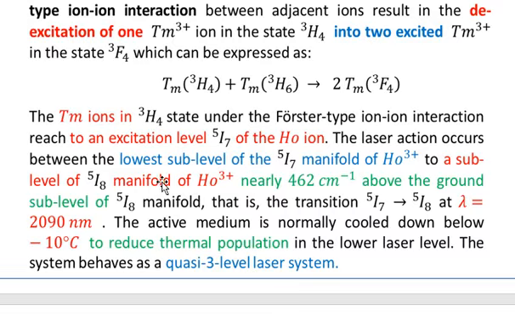The laser action occurs between the lowest sublevel of the 5I7 manifold of the holmium ion and a sublevel of the 5I8 manifold of the holmium ion, which is at 462 centimeter inverse above the ground sublevel of the 5I8 manifold.